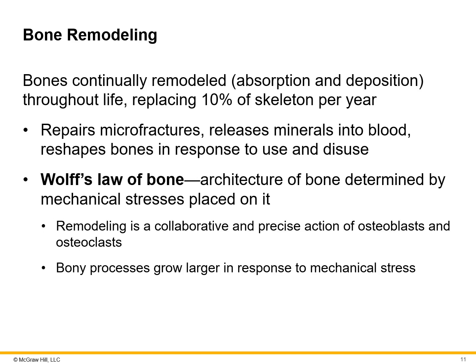Bone renewal continues after birth and into adulthood. This bone remodeling is the replacement of old bone tissue by new tissue, and it involves the process of bone deposition or bone production that is done by osteoblasts and bone resorption that is done by osteoclasts.